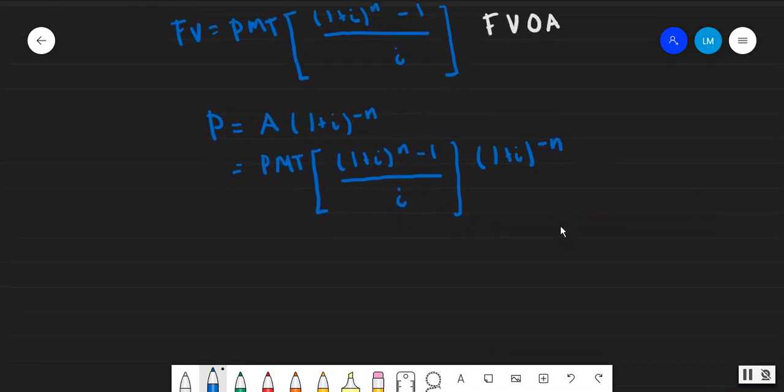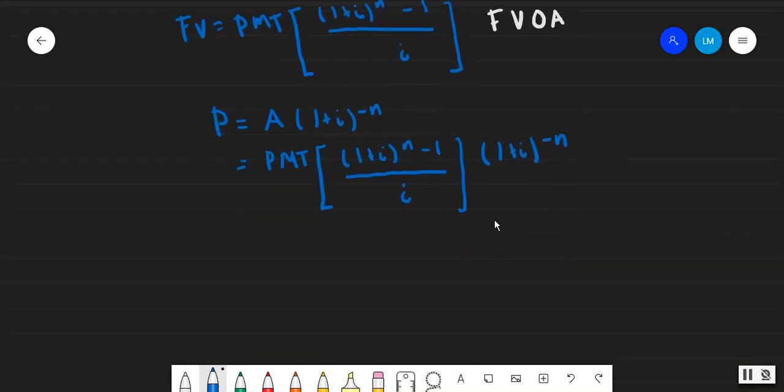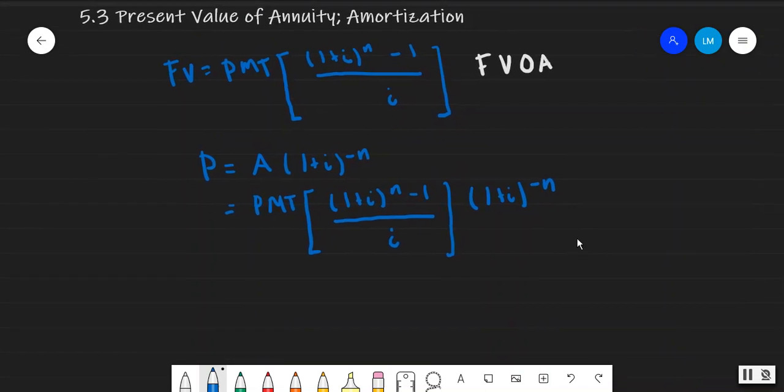Basically, properties of exponents say that when you distribute the 1 plus i to the negative n, it cancels out.